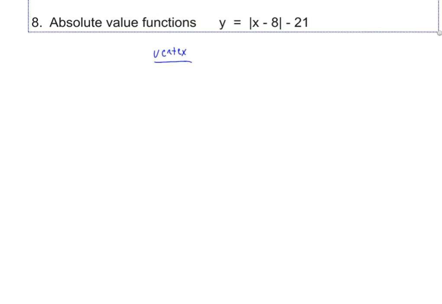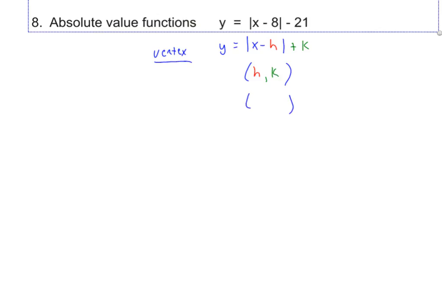Remember the pattern. So let me write it out for you. Y equals the absolute value of x minus h, plus k. And remember, the vertex coordinates are always h is the x coordinate and k is the y coordinate.